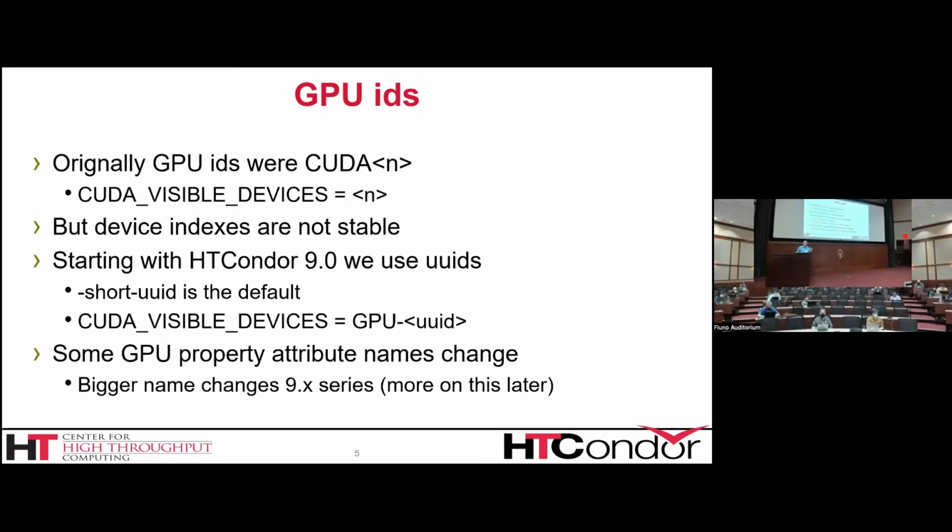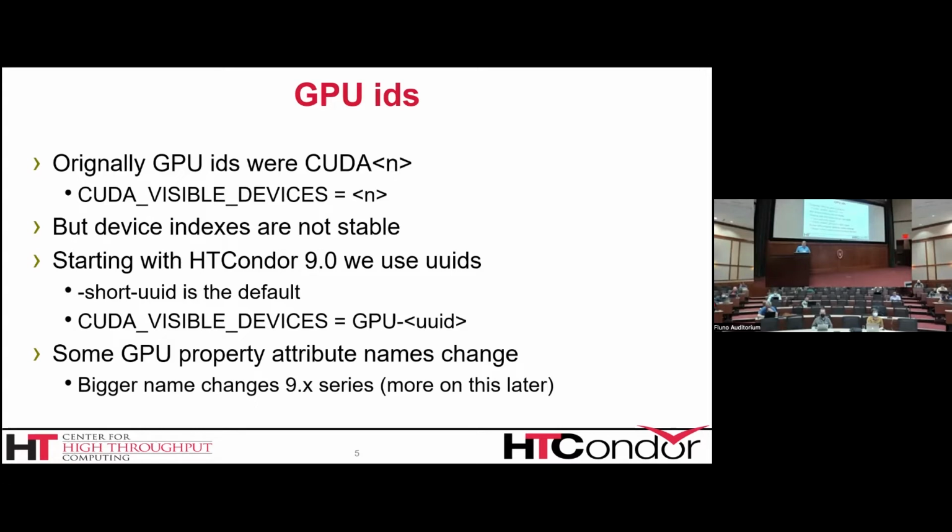Now that thing I just showed you was the original output of GPU discovery, back when NVIDIA expected you to identify what GPU you were going to use by passing it a number. You would say, I want to use GPU 1. And so we gave them identifiers CUDA1, CUDA0, and so on.